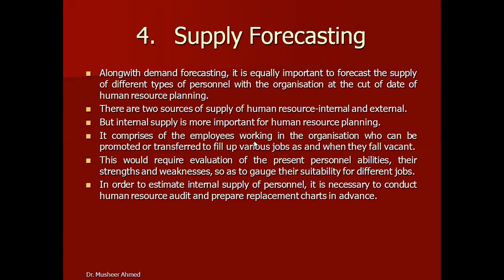Fine. So let's start with it. Supply forecasting. As we have forecasted the demand for human resource, in the same fashion, we have to forecast the supply of personnel in the future, so that we may be able to create a match between the demand and supply, and we should be able to see whether the supply is equal to demand of the human resource or not.